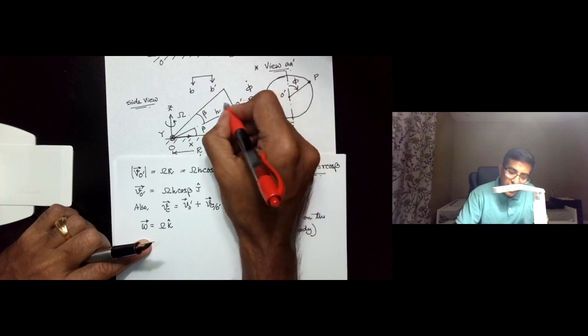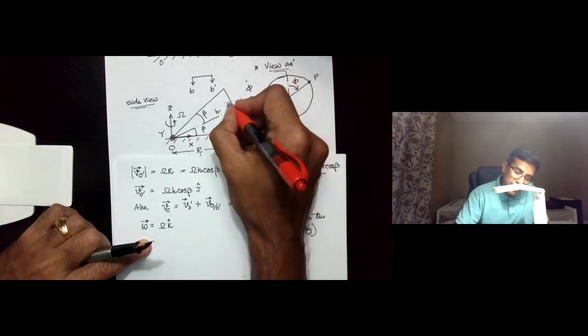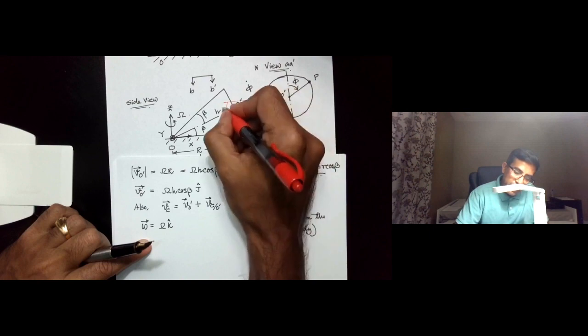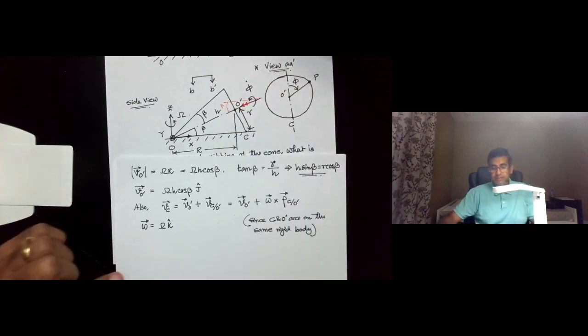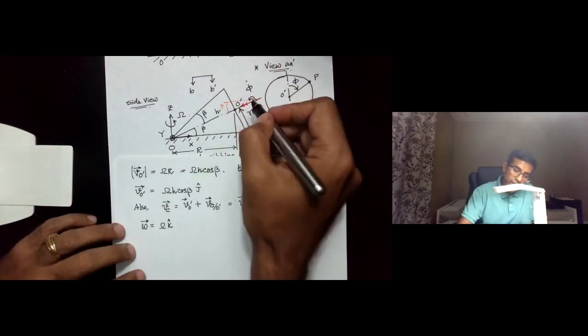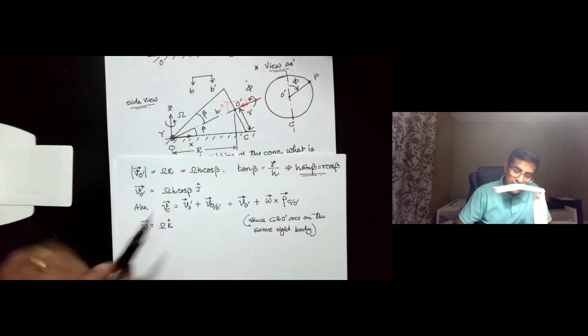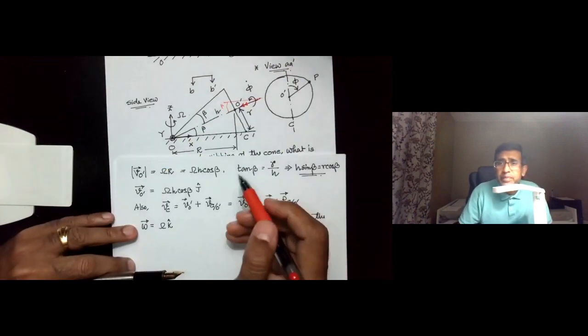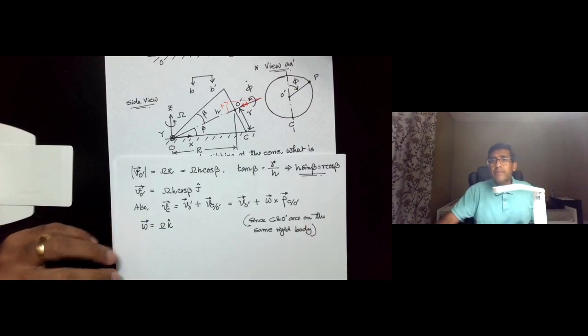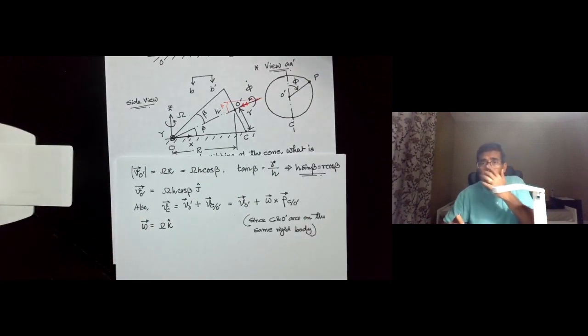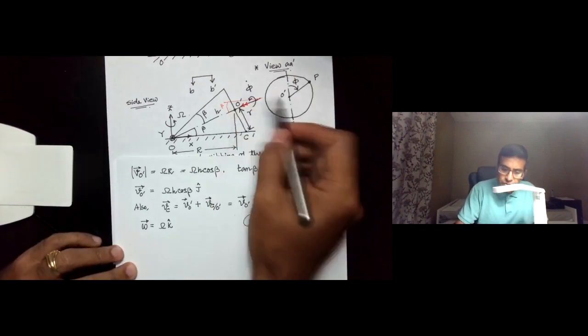So in order to express this vector along that triad, we need to note that this angular velocity is making an angle beta with respect to the horizontal. So with respect to the x-axis, it is making an angle beta. Right? So just making sure that I have got the diagram correct. Yeah, it's more or less shown correctly.